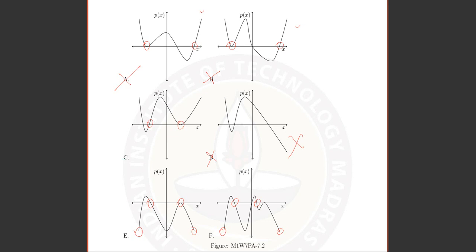D was wrong earlier, so we can leave that. At E, assuming this is 2 and the curve is bouncing back, this can be another right option. And F also, this was actually a bit beyond there, but assuming it just touches and bounces back, we can take this also to be right.